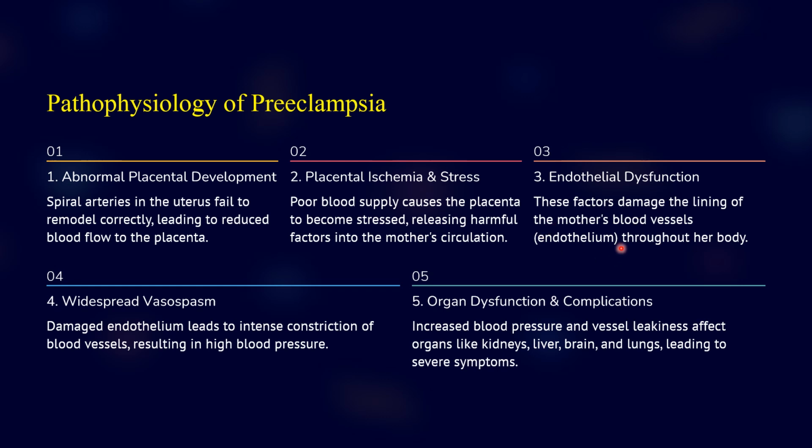Because of this, there is vasospasm, an intense constriction of blood vessels resulting in high blood pressure. After that, there is organ dysfunction, and the mother starts showing signs and symptoms of pre-eclampsia.